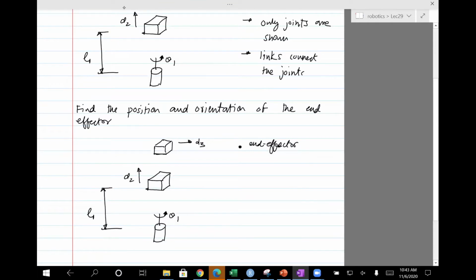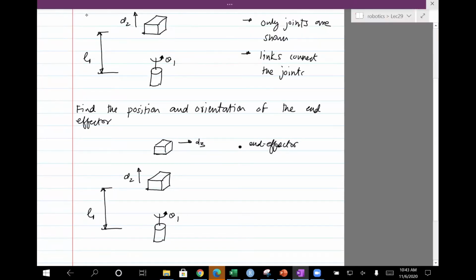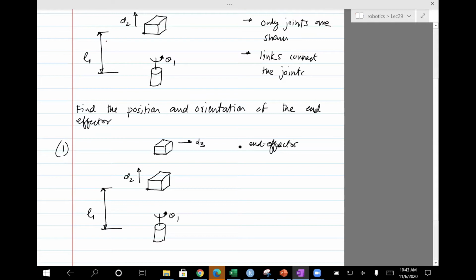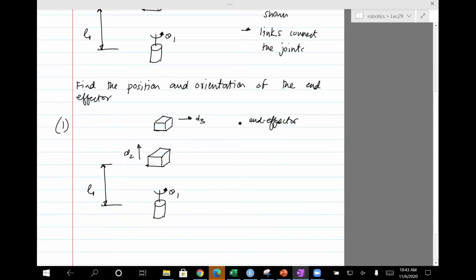Now what I'm going to do is start with the algorithm I wrote down, three steps. Step number 1 is assign axes. So let's go back to the handout, which I just shared some time back. The first step is to assign a coordinate frame, right? First assign Zi along the axis of actuation.